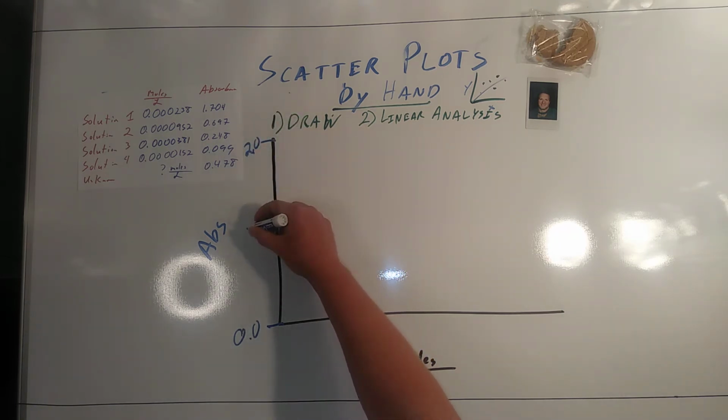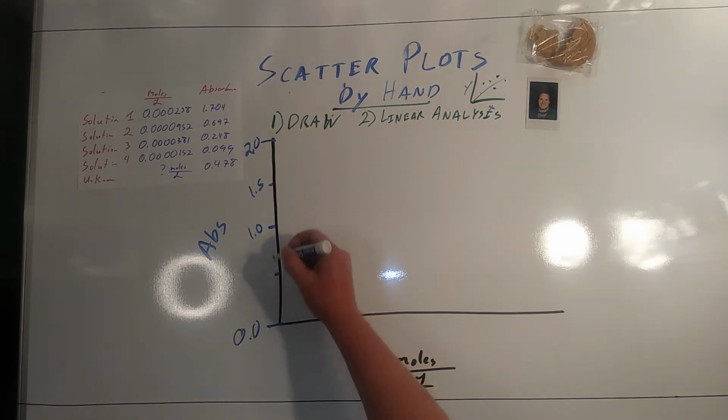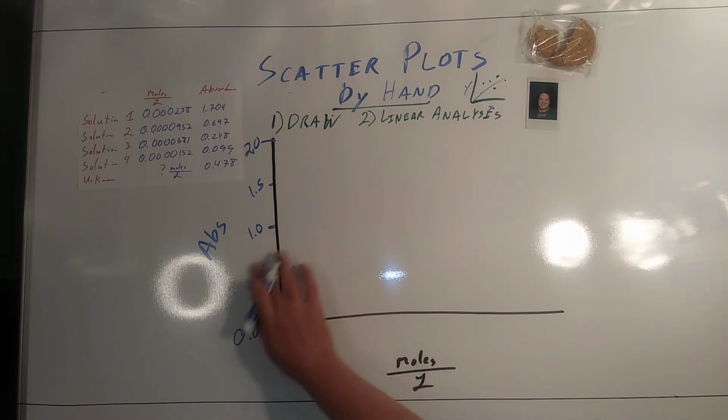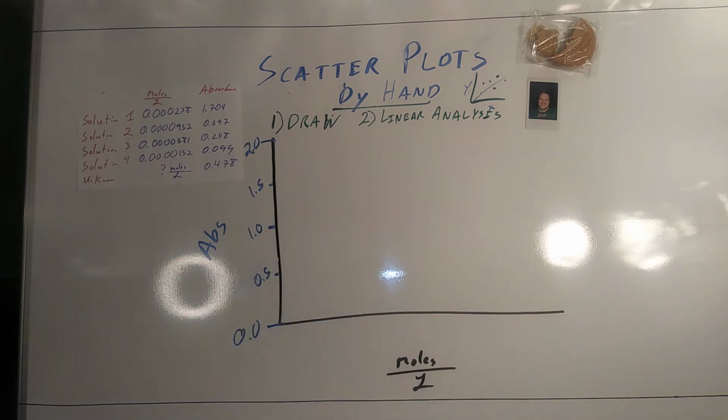I'm going to put a point in here for 1 and a point in here for 1.5. If I had graph paper, I'd count this out, but I'm just kind of eyeballing this. I would like it if you had graph paper.